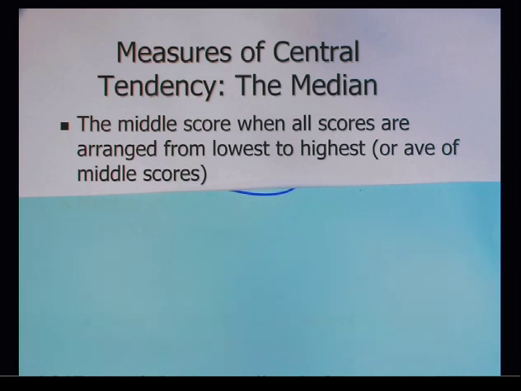So instead of adding all of the numbers, you just line up all of your scores from smallest to largest, and you count in to the very middle score, and that is your median. Now, there are some times when you want to use a median instead of a mean. The reason you would use a median instead of a mean is because you might have extreme scores that, if you calculated a mean and you had a really extreme score, it would bring that average, or the mean, up.